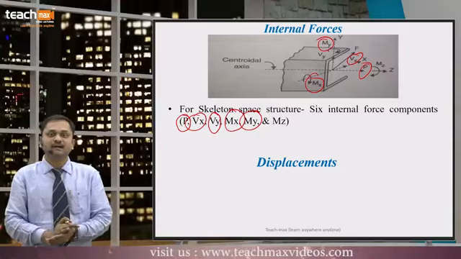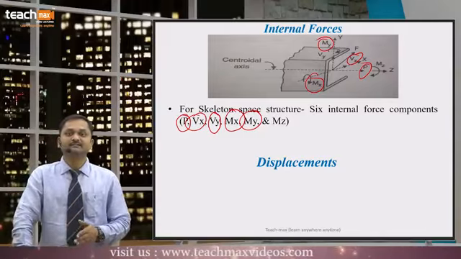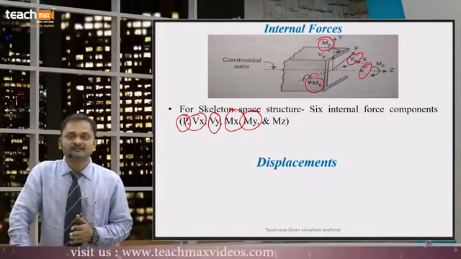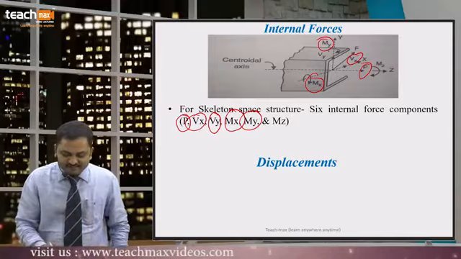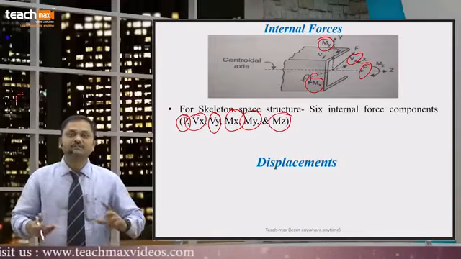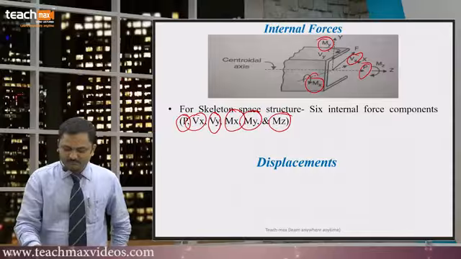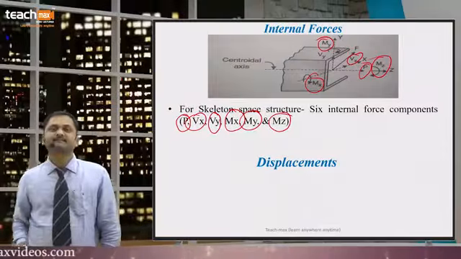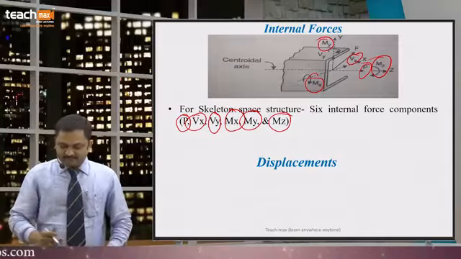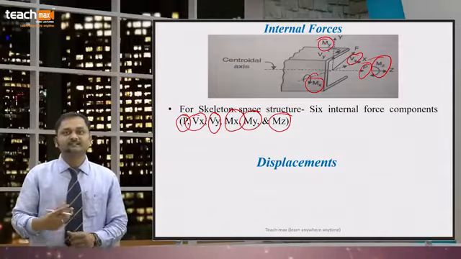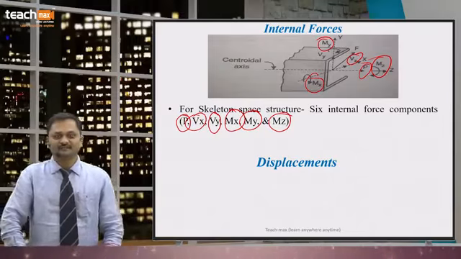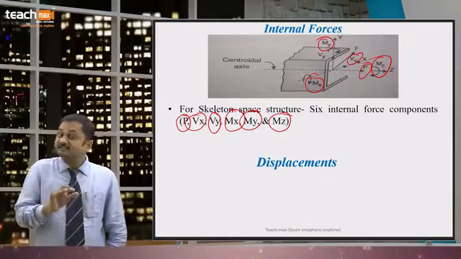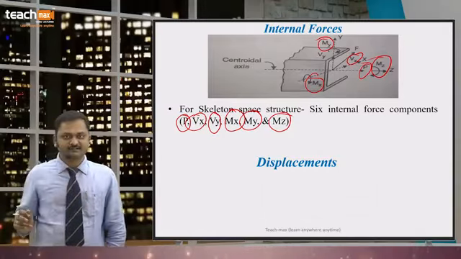These two are the bending moments developed about the cross-sectional axes, and Mz is the twisting moment generally developed about the longitudinal axis. So we can say there are six internal force components developed in the structure. This is for the skeleton space structure.